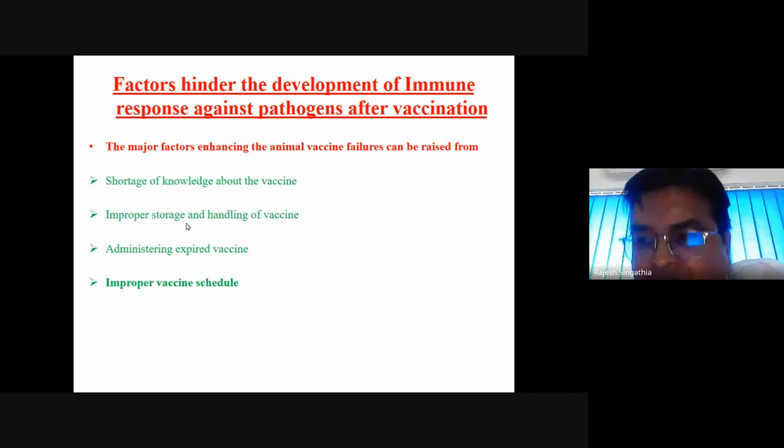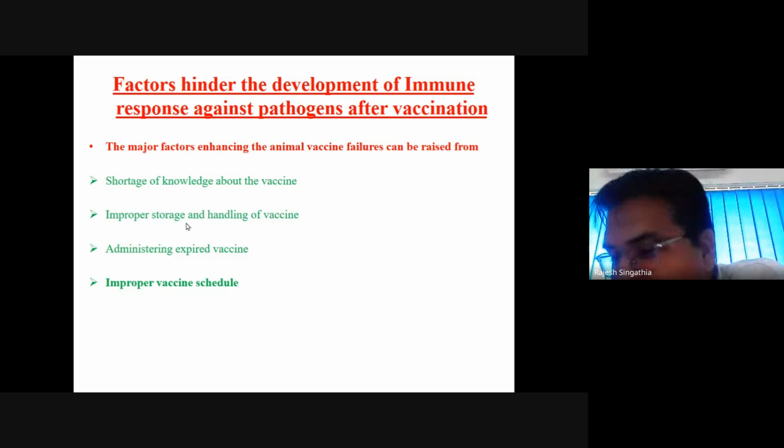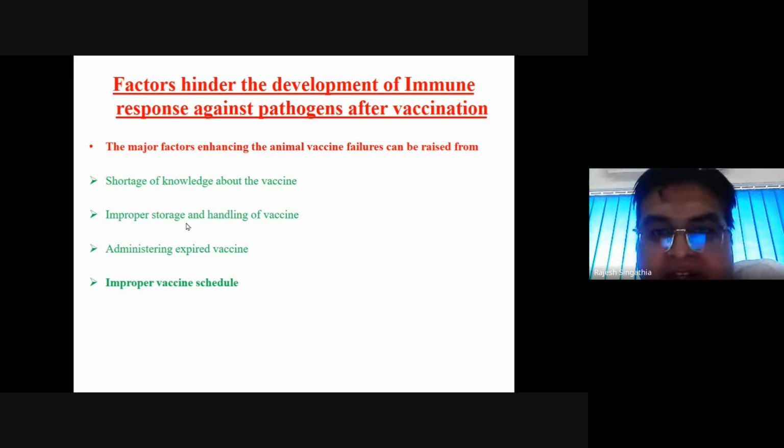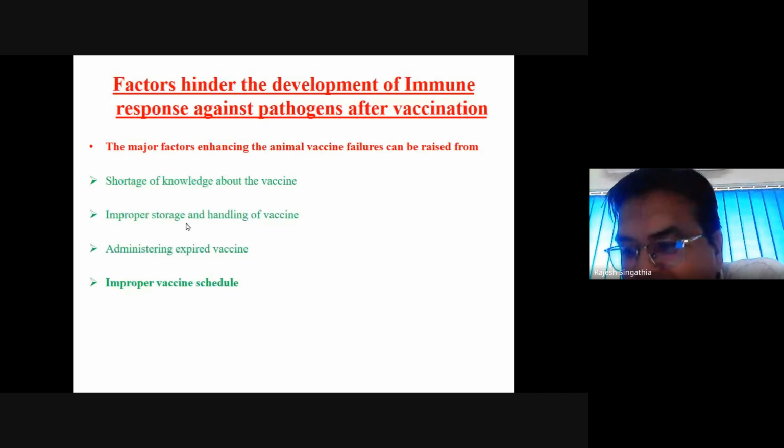There are some environmental factors like season and geographical location, so vaccination is also dependent on these. There are vaccine factors also: what type of vaccine we are using, what product, what strain. Adjuvant: if you need an adjuvant along with the vaccine and you vaccinate without it, there is a chance of vaccine failure. The dose also matters.